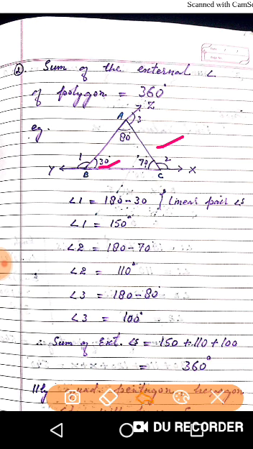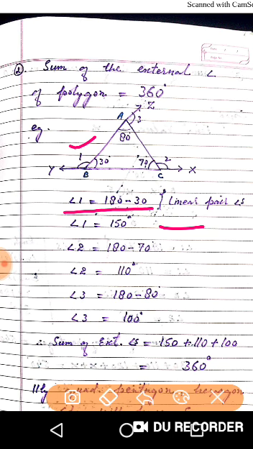So if you want to find external angle 1, you know angle 1 plus 30 is 180. They are linear pair angles. So angle 1 will be 180 minus 30. So it is 150 degree by the linear pair angles rule.